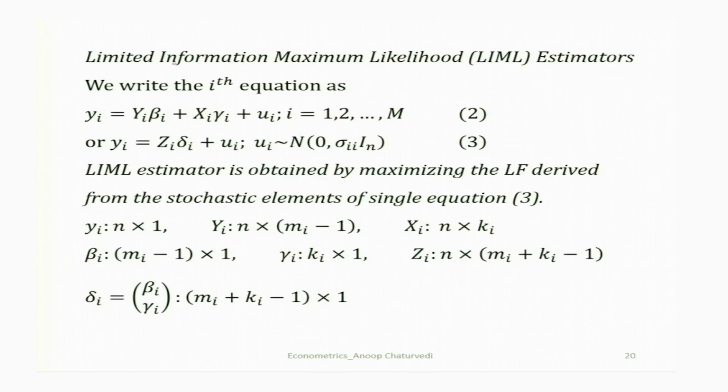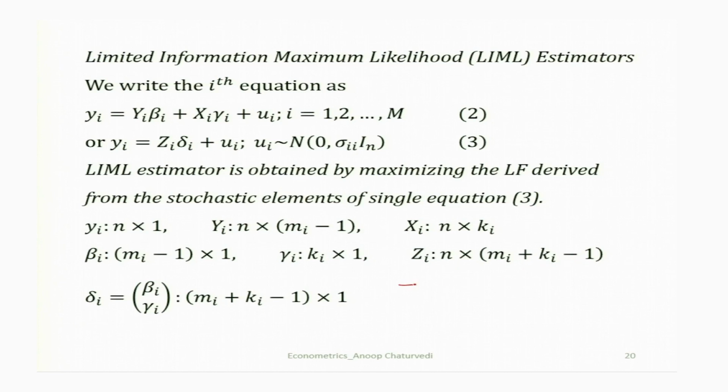Now, we come to the limited information maximum likelihood estimators. Suppose you write the ith equation as, say, small y_i equal to capital Y_i beta_i plus X_i gamma_i plus u_i, i equal to 1 to capital M, or we write it as y_i equal to Z_i delta_i plus u_i, where Z_i is of order n cross (m_i plus k_i minus 1).